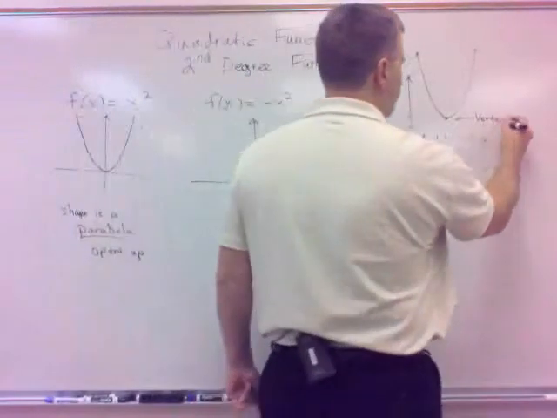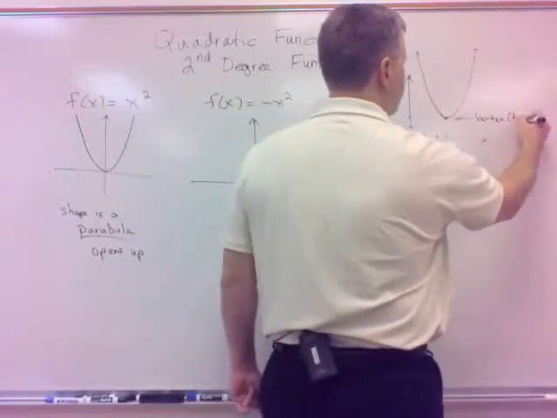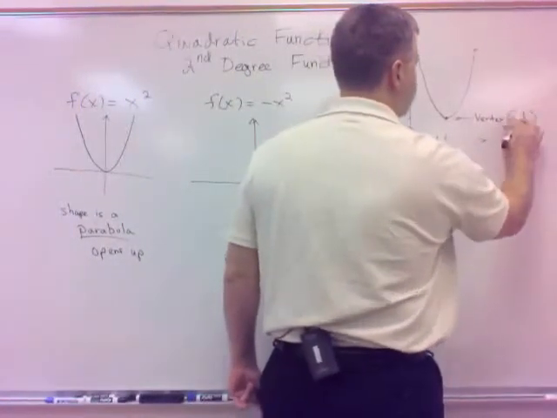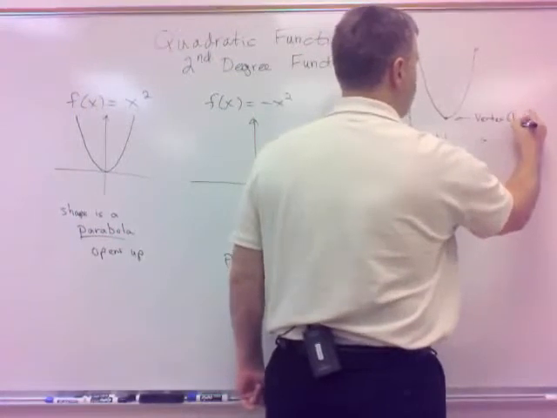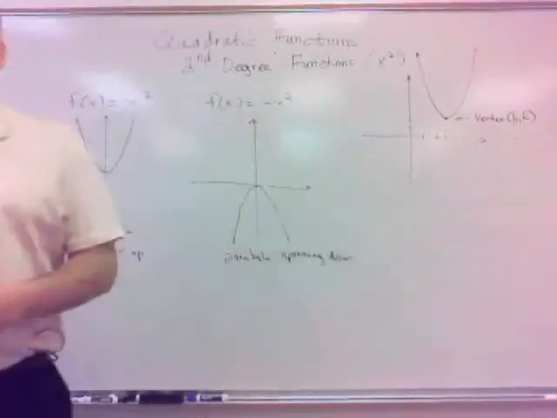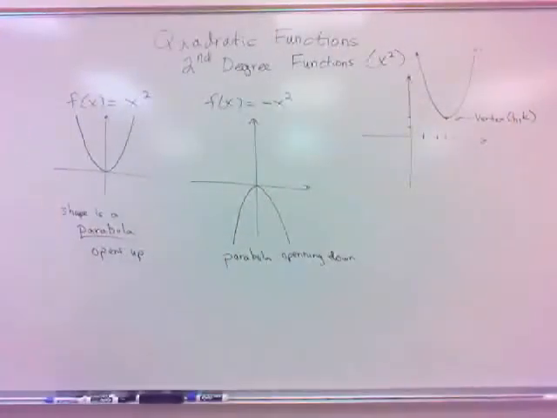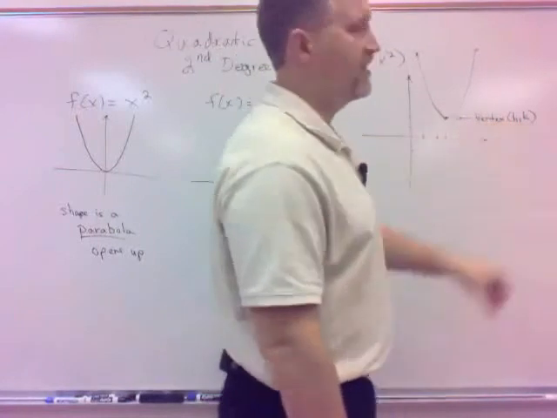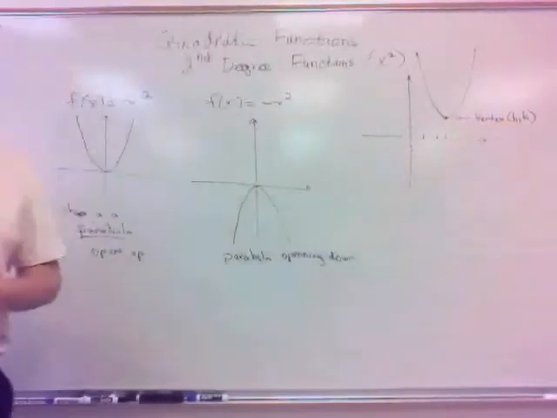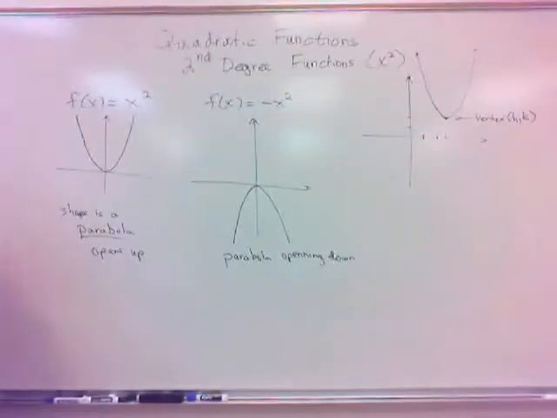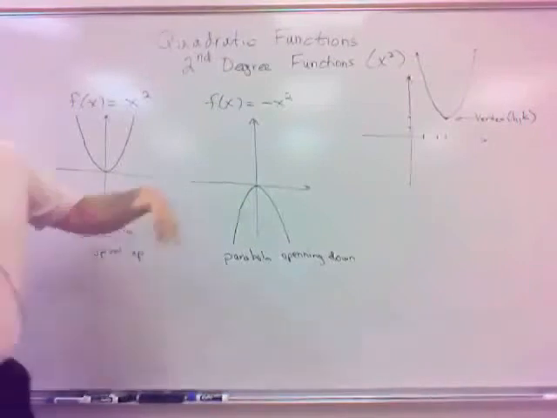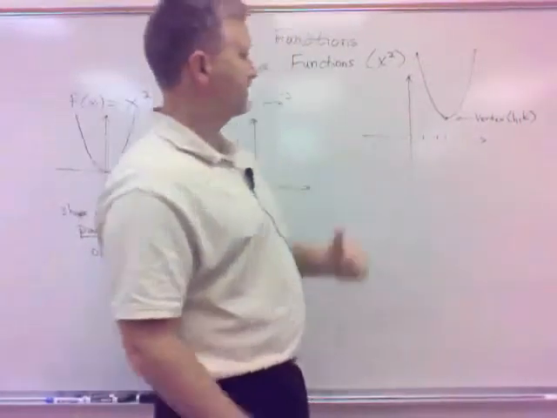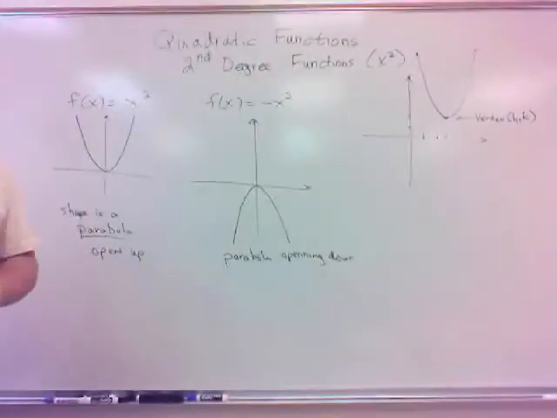And in general, since the vertex is a point, we give it an x and y coordinate, and usually the way they denote the vertex is h, k. H is the x coordinate of the vertex, and k the y coordinate of the vertex. So in this case, it looks like the h is going to be 3, the k is 2, but that's not really my point here.